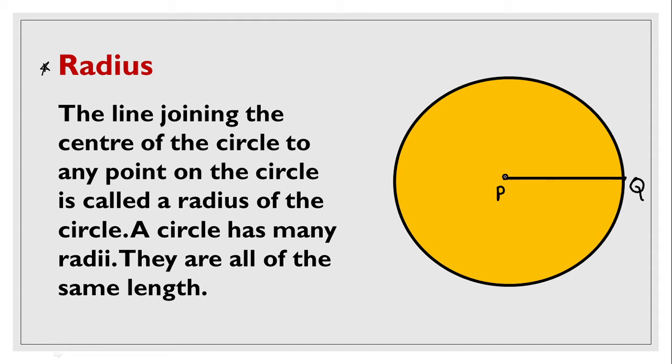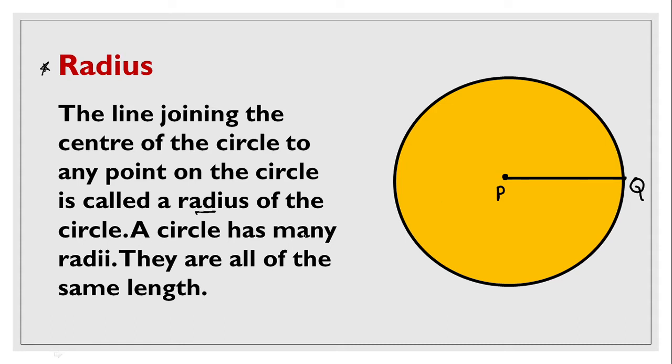It starts from the point P and joins a point on the circle. If you draw a line connecting the center of the circle with any point on the circle, that is called the radius of the circle. Here segment PQ is the radius of the circle.